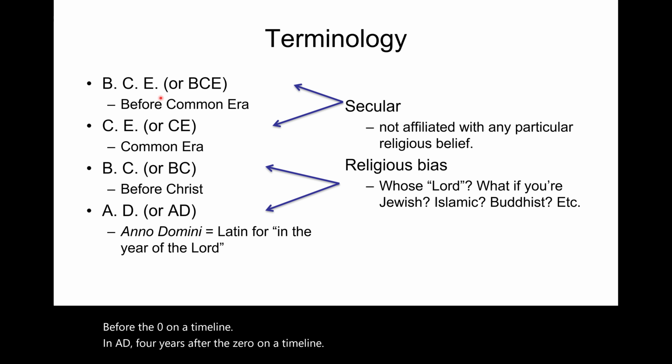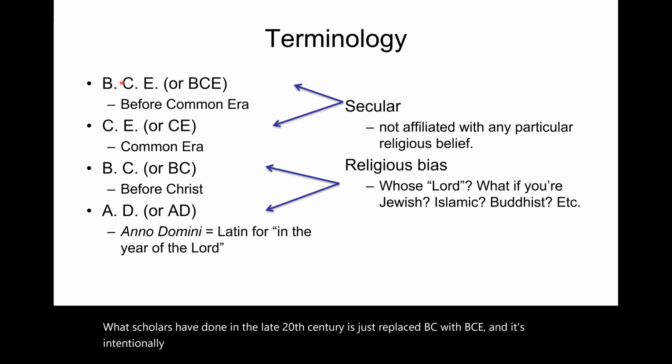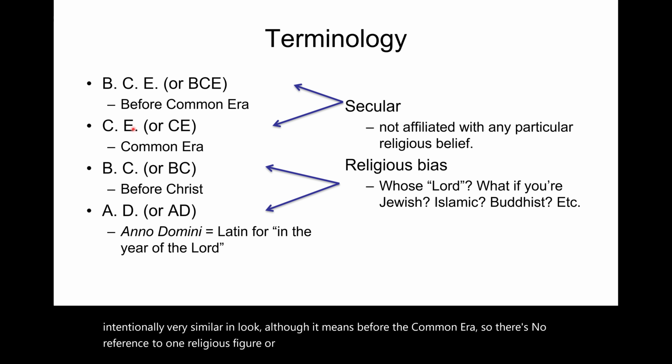What scholars have done in the late 20th century is just replaced BC with BCE, and it's intentionally very similar in look, although it means before the Common Era, so there's no reference to one religious figure or another, and Common Era, again, no specific reference to religious biases.